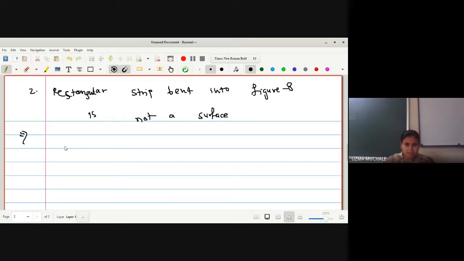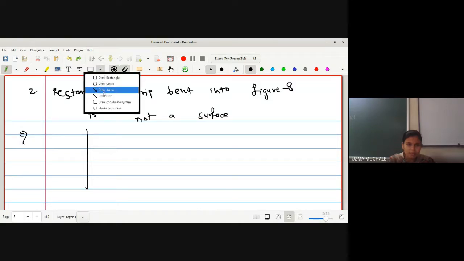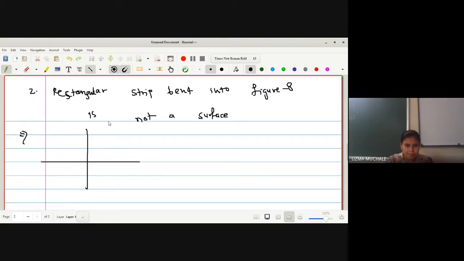So what do we have to do? First we have to find out what a rectangular strip is. Okay, let me consider this rectangular strip for the condition, suppose minus pi to pi for u, and v is from 0 to some particular distance, and then we will bend it into the figure 8. Okay, as we are discussing x of uv, so instead of the x and y coordinates, what will we write here? We'll write them as u and v. Okay, this is the u axis.